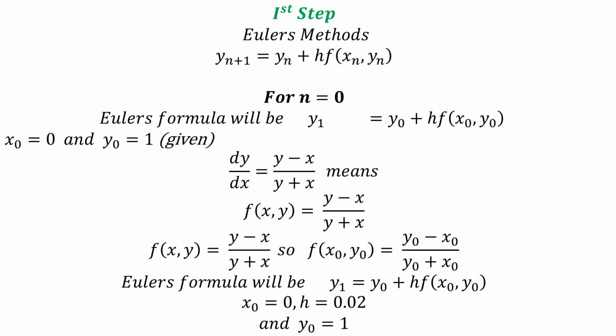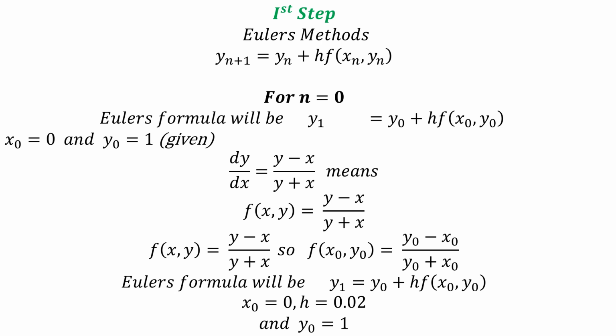For n is equal to 0 the function changes accordingly: y naught minus x naught divided by y naught plus x naught. So here you can see Euler's formula, that y1 is equal to y0 plus h times the function value at x0 and y0.